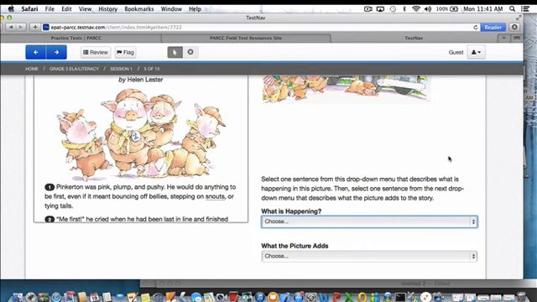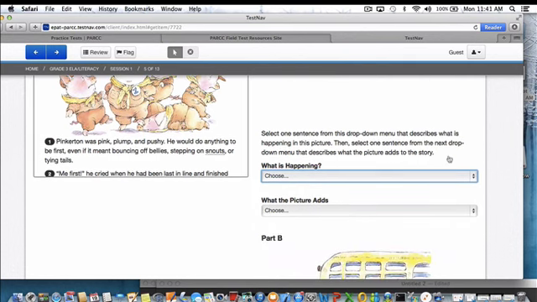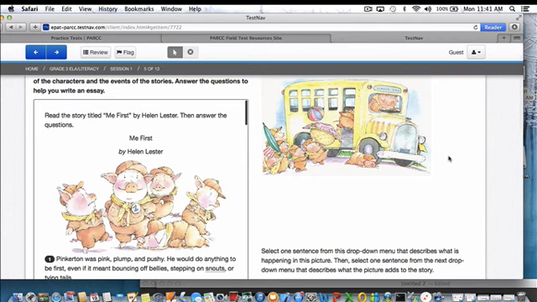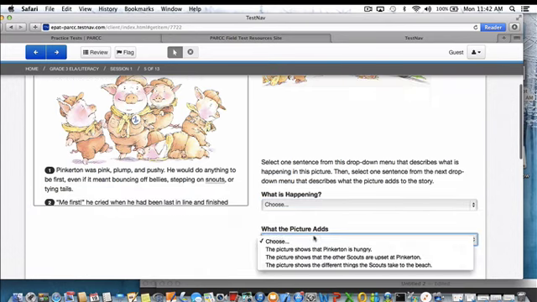Now we move to the second part of the question, which is, what does the picture add? And here it's not quite clear from the picture. It's something that the student has to understand. It's them being able to make that connection between how the other characters are feeling, and it's never explicitly stated in the story.